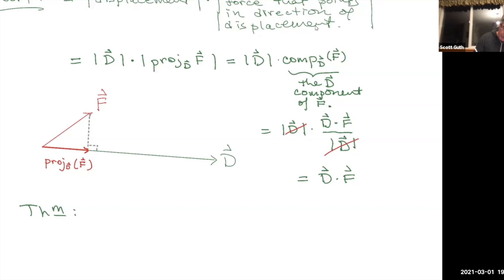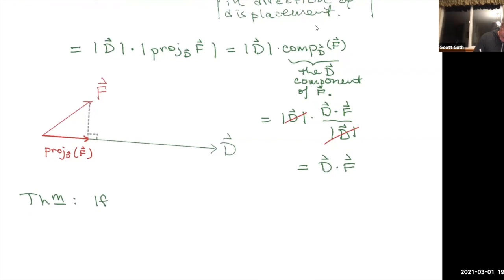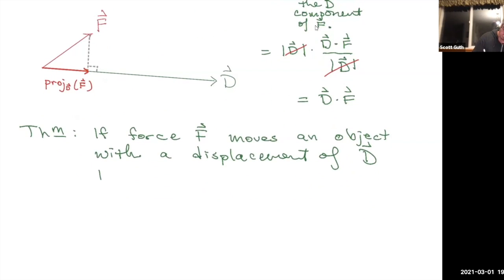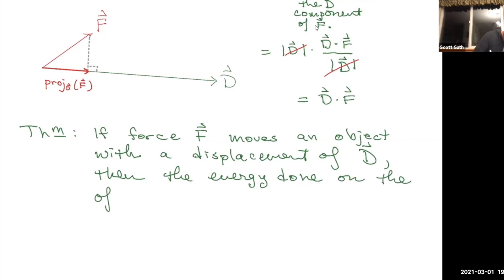So the theorem would be: if a force F moves an object with a displacement of d, then the energy expended, let's just say the energy done on the object, is called work.